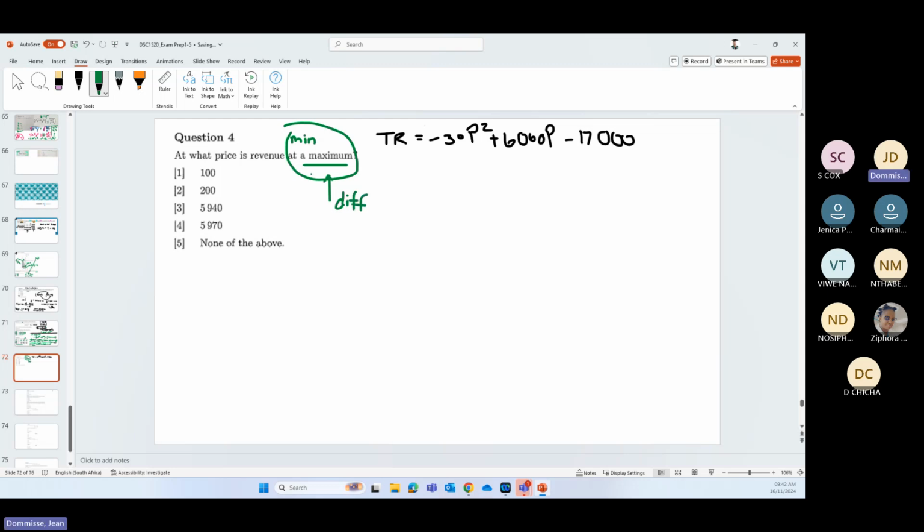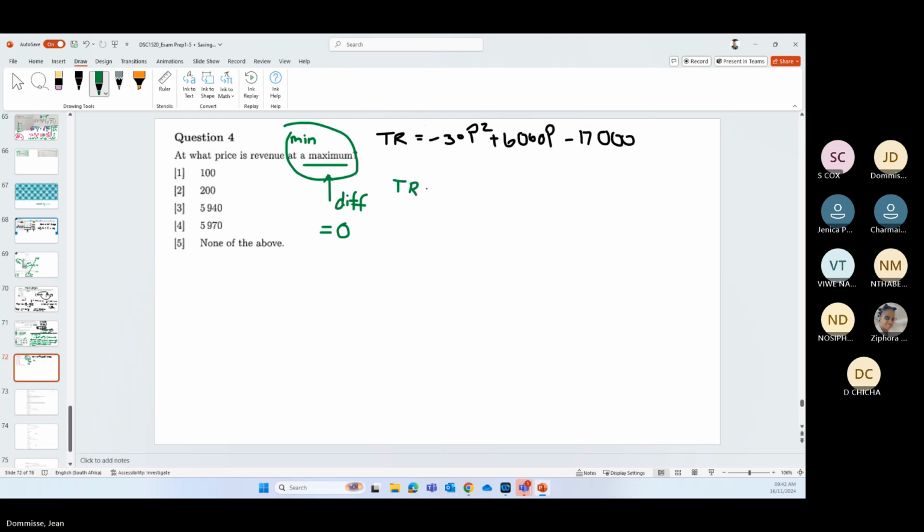And because they don't tell us what is the minimum and maximum at a certain price, like was said in the chat, we set it equal to 0.